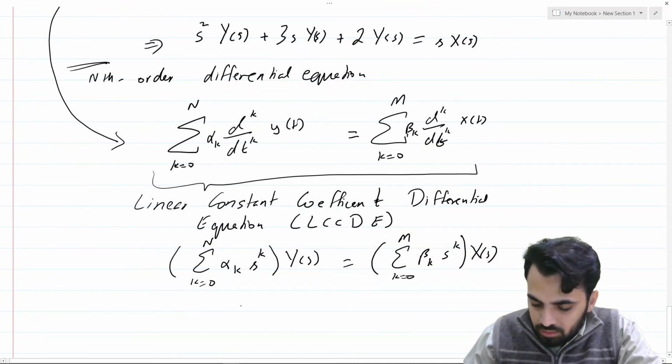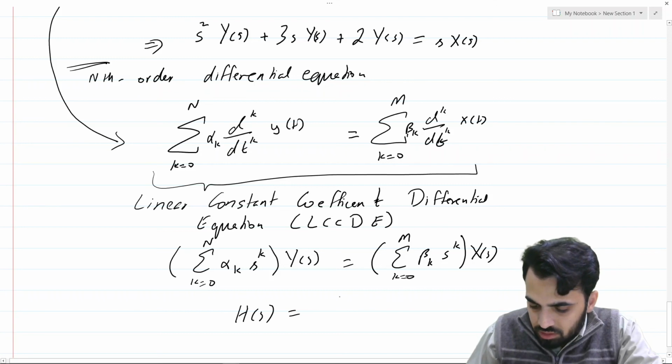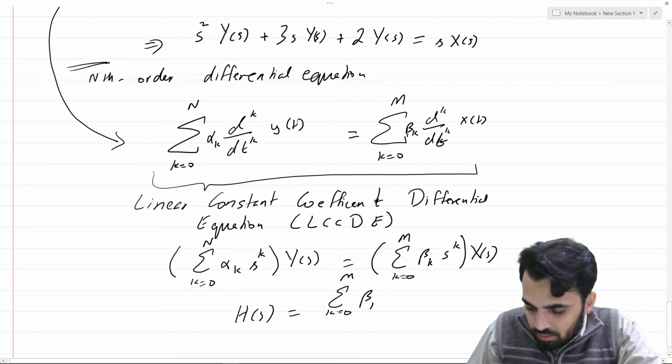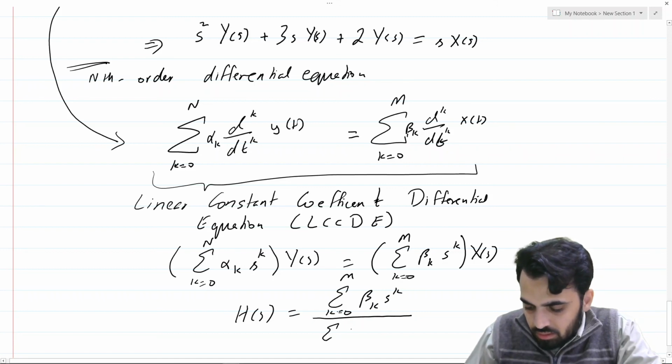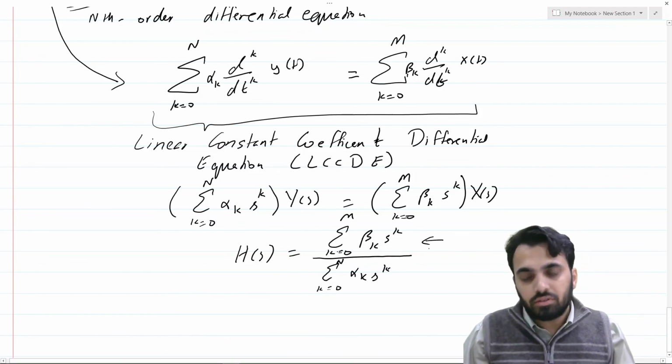From here the standard formulation of the transfer function originates, which is simply summation k equal to 0 to m beta k s^k over summation k equal to 0 to n alpha k s^k. So these identify the zeros and these identify the poles.